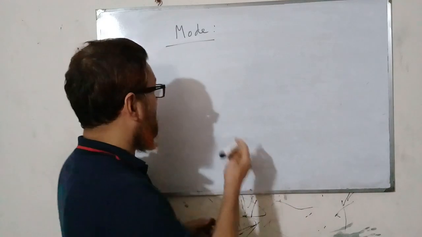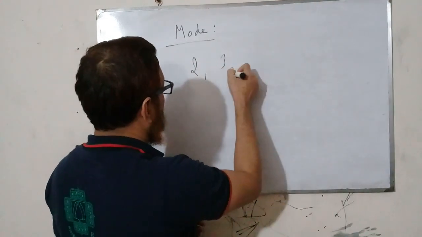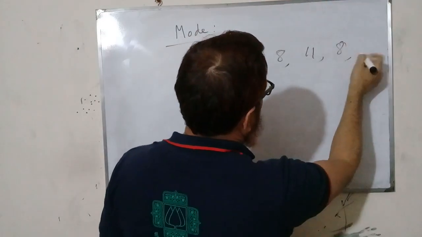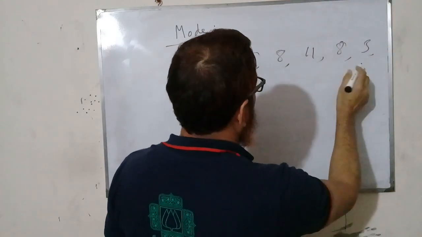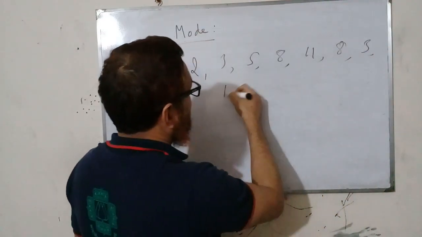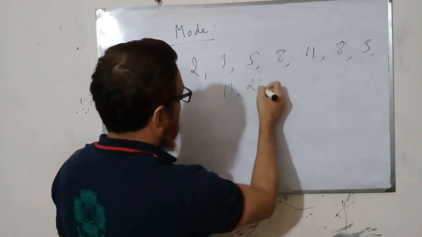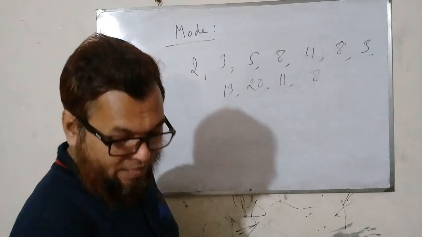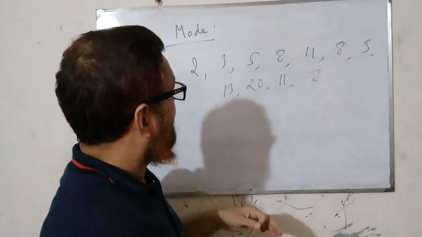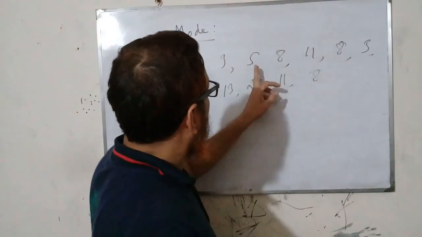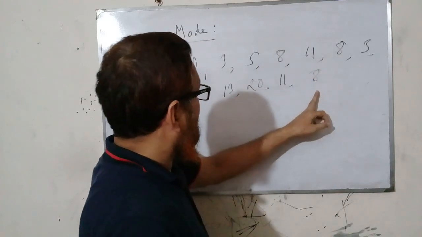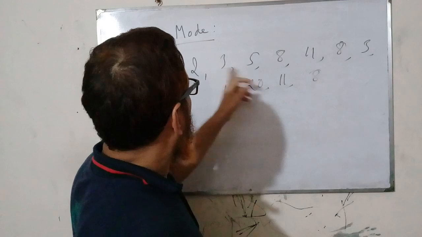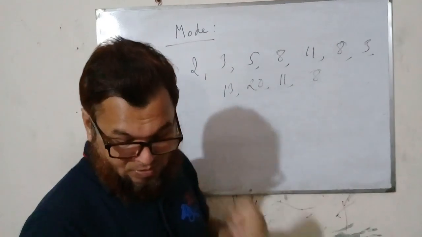For example, if we consider the series 2, 3, 5, 8, 11, 8, 3, 13, 20, 11, 8, here we can see that 8 occurs 3 times, 11 occurs 2 times, and 3 occurs 2 times.